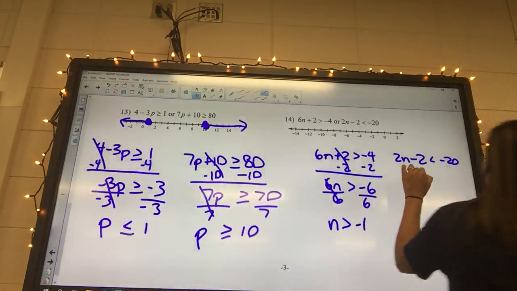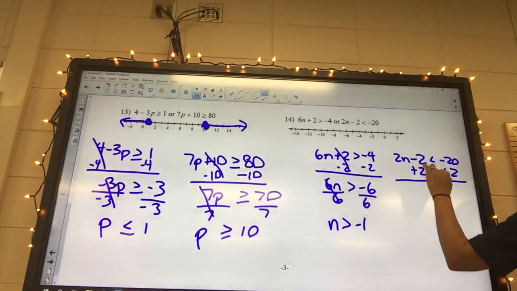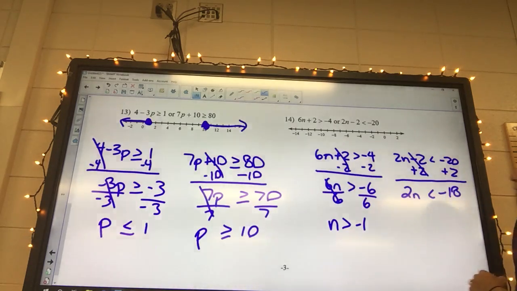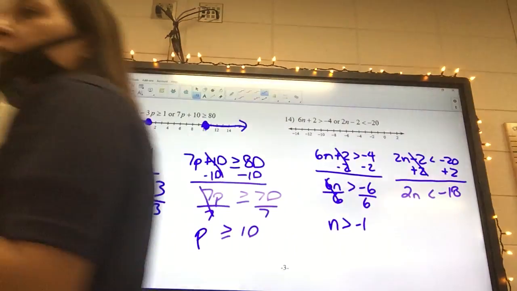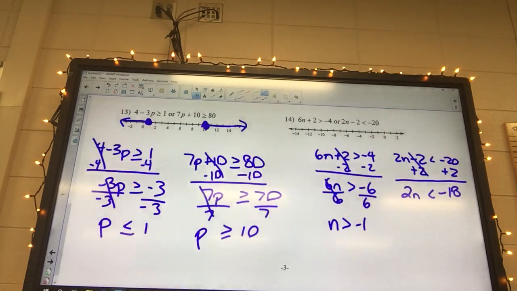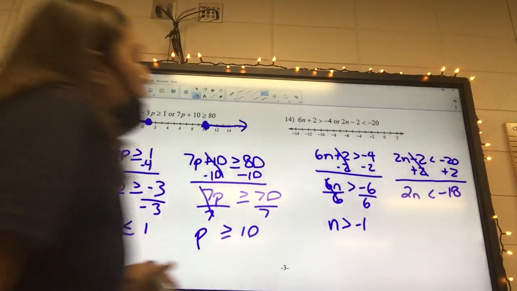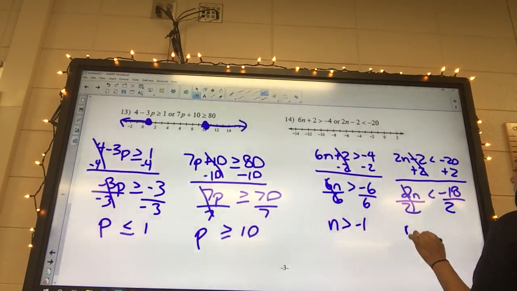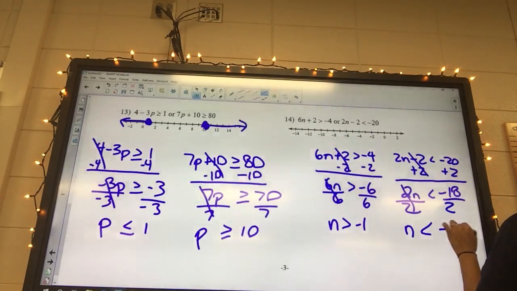Okay, and then for this one I got plus 2 on both sides. So I have 2n is less than negative 18. Okay, and we're going to divide by 2 on both sides. N is less than negative 9.